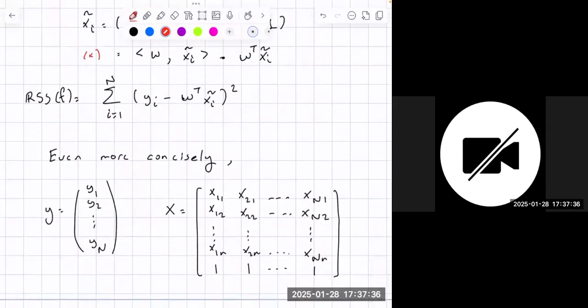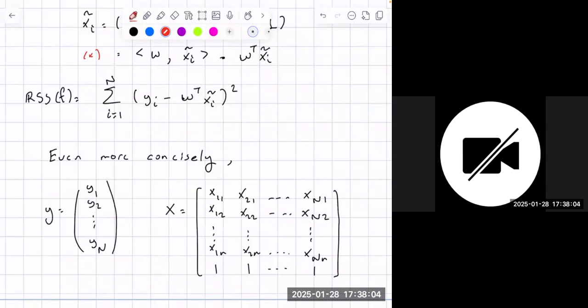Now, even more concisely, say I got capital N many data points, and every data point has little n features, and I added 1 at the end. If I stack them all together, they're going to look like a big, gigantic matrix, which has little n plus 1 rows, and as many columns as data points. Every column is one data point. And these are the labels I got.